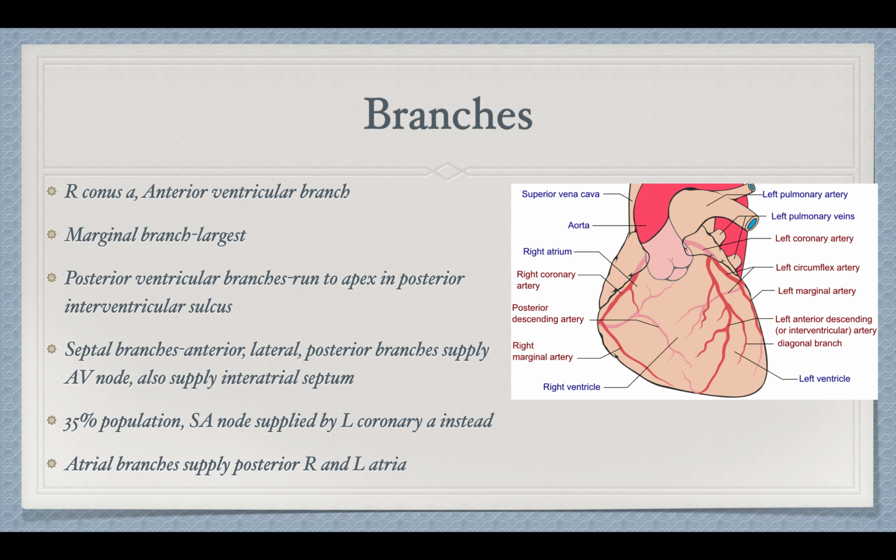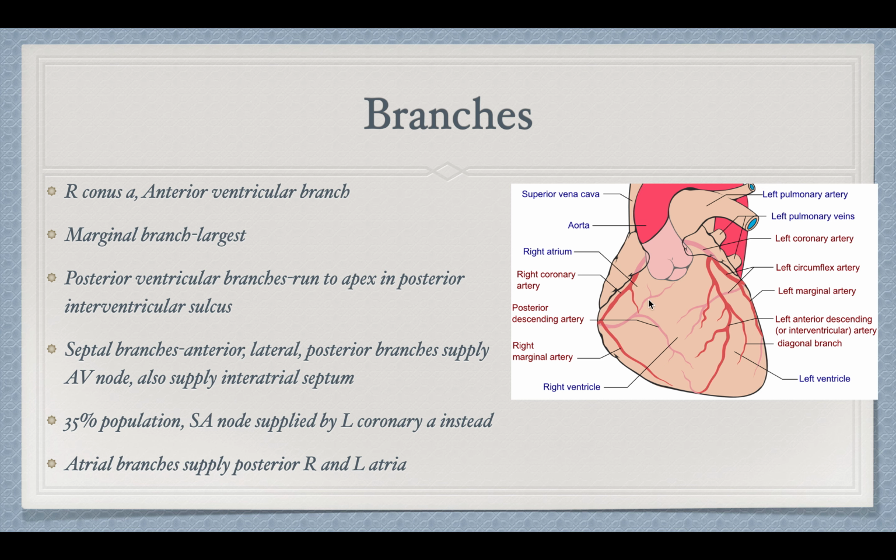So the right conus artery, along with the anterior ventricular branch, are going to be branches of the right coronary artery, and the marginal branch is going to be the largest. The right marginal branch is easily identified because it runs almost parallel with the curvature of the ventricle. The posterior branch is going to run in the posterior interventricular sulcus, like I said.